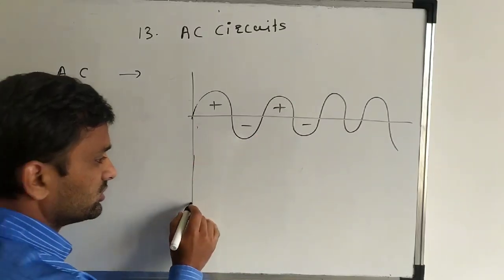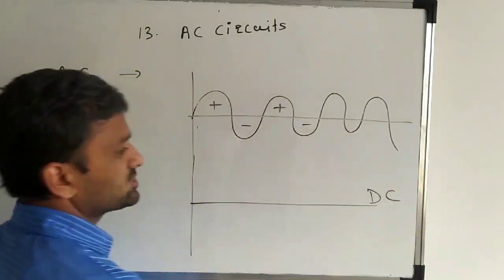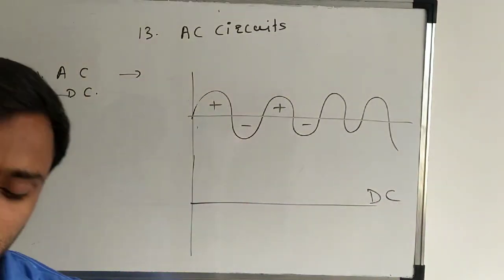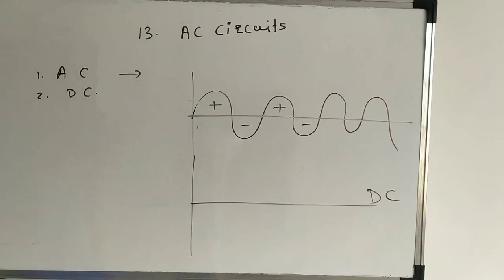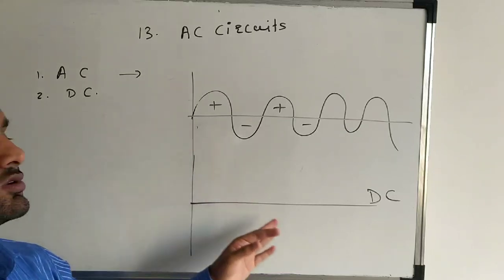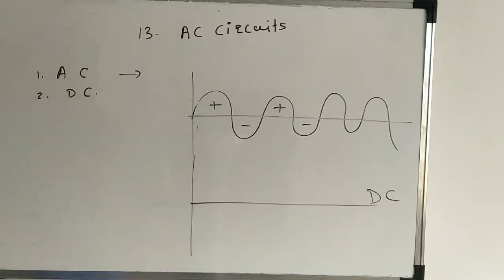For the DC, there is no change in the direction and no change in the magnitude of the current. The AC circuit is used for long distance transmission, while the DC source is used for short distance transmission. Now the next topic is the average and RMS values.